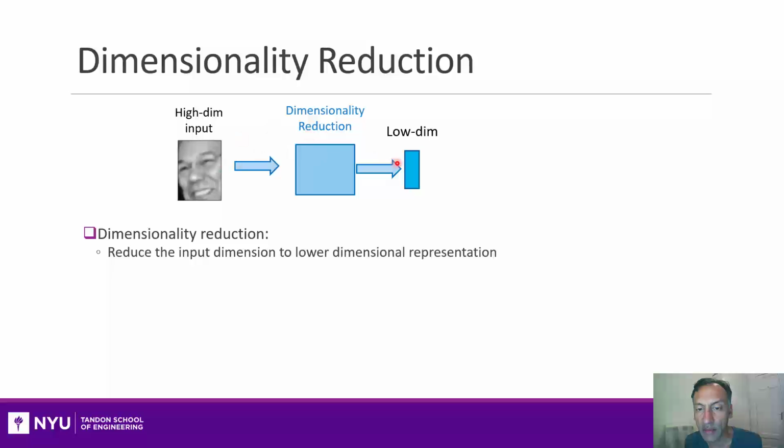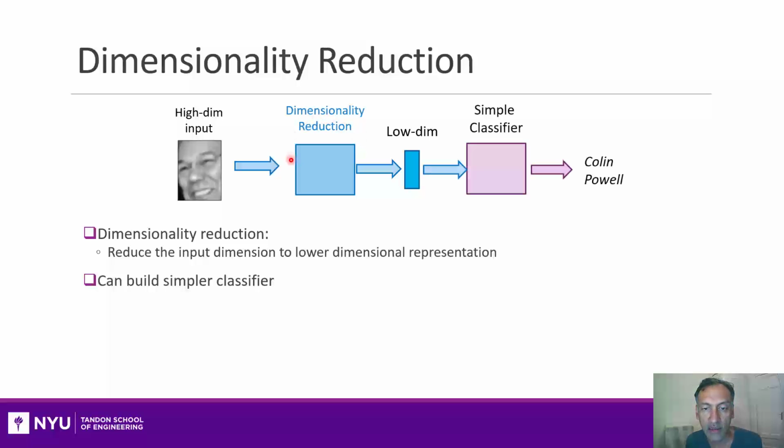That step is called dimensionality reduction, which is what I'm going to talk about today. And if I can do this lower dimensional representation, but still keep the salient information about this image, hopefully I can build a classifier that works just as well. And that classifier could be simpler because it's now operating on a much smaller dimensional space.